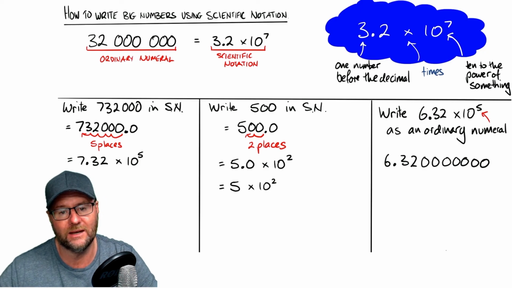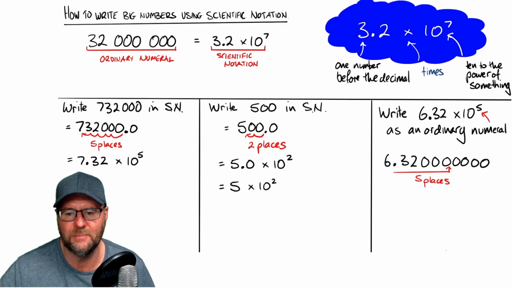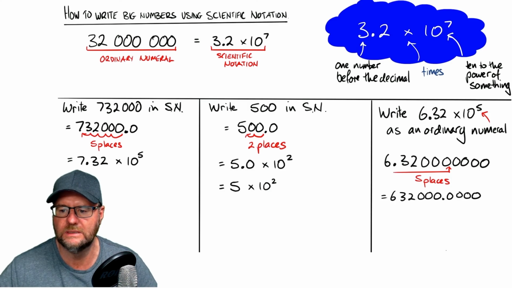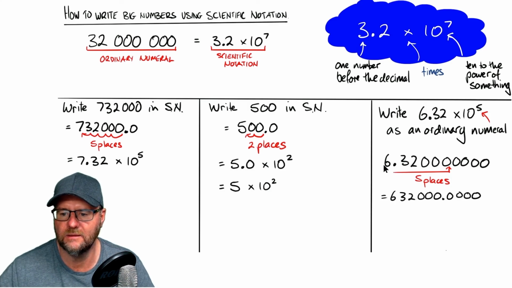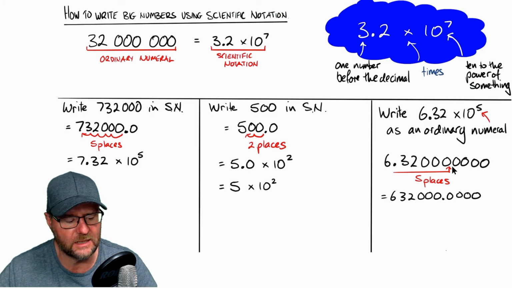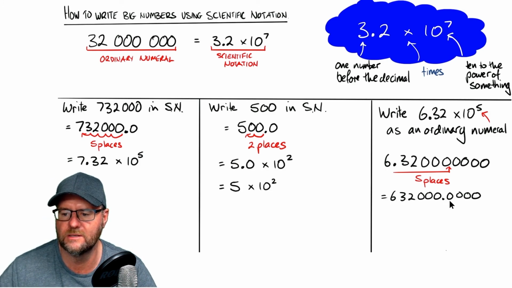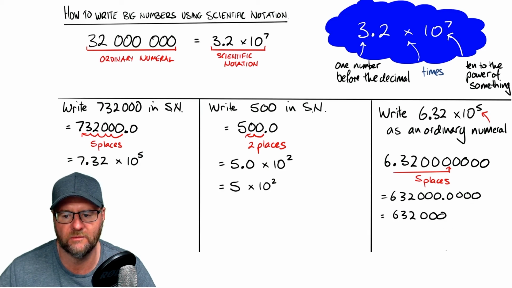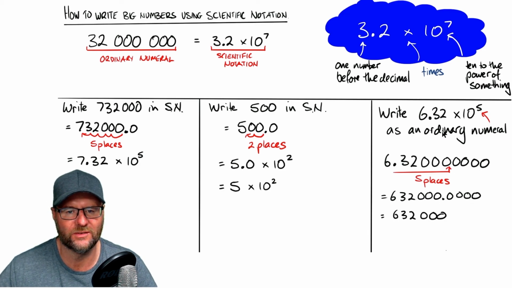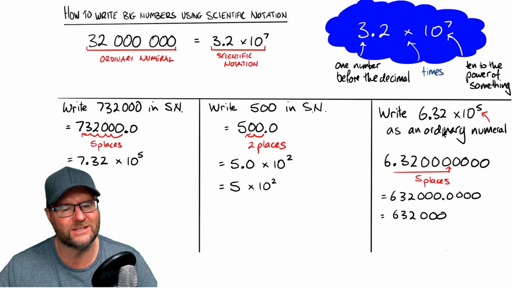So I'm going to undo that. I'm going to move it 5 places along, okay? Because remember, this is a big number. We're talking about numbers more than 1 here. So if it was here, it must have been moved 5 places this way. So when I move my decimal along, it's gone from here down to here. And the last little step is I don't need these zeros after the decimal point, so just chop them off. That is 6.32 times 10 to the 5 written as an ordinary numeral.